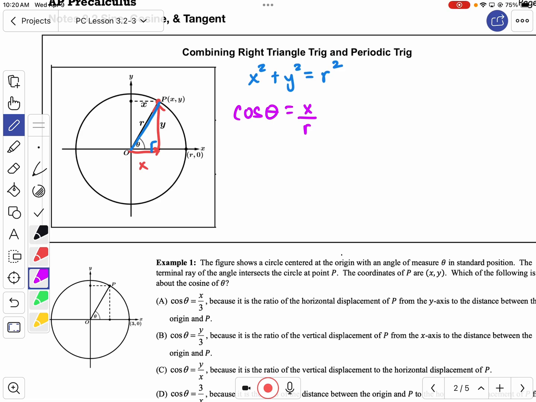What was r in the unit circle? 1. So what's x over 1? Just x. So that's why in the unit circle, cosine is just x, because the radius is 1. So then what would sine be of any circle? y over my radius. Opposite over hypotenuse.